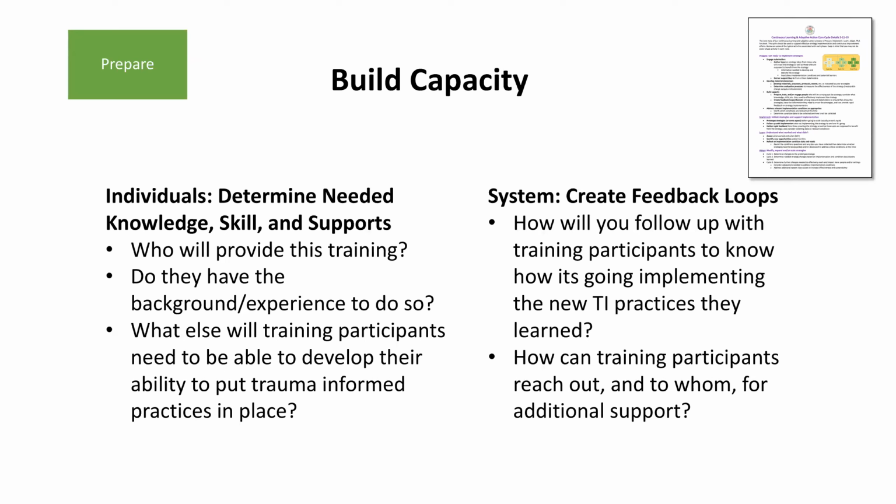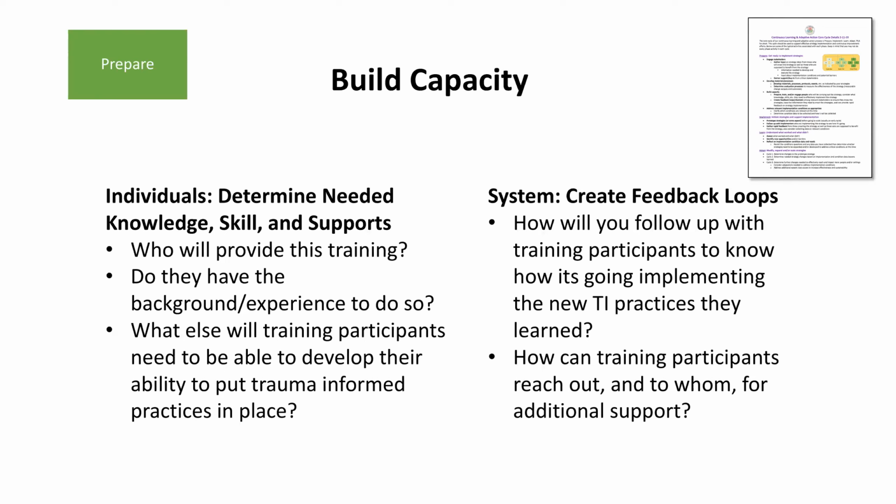And so is there capacity within the system, for example? Is there a feedback loop? What's the process by which we'll follow up with training participants to know how it's going implementing the new trauma-informed practices they are learning? How can training participants reach out, and to whom, for additional support?